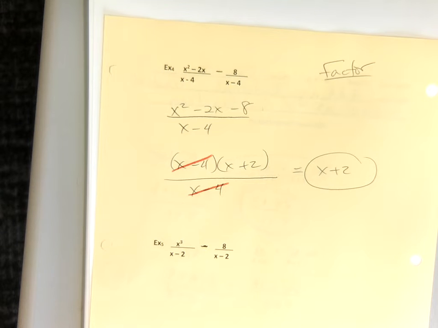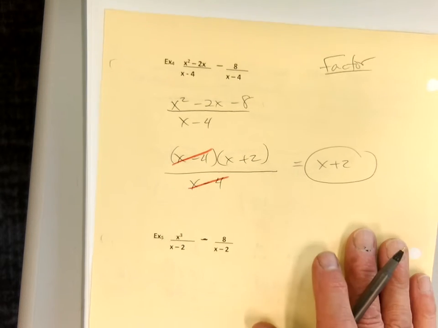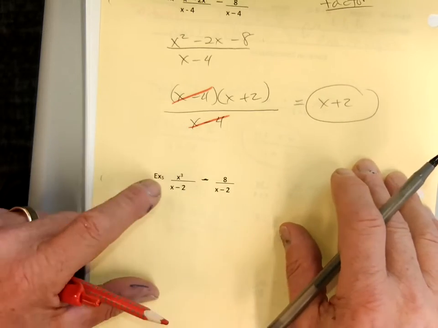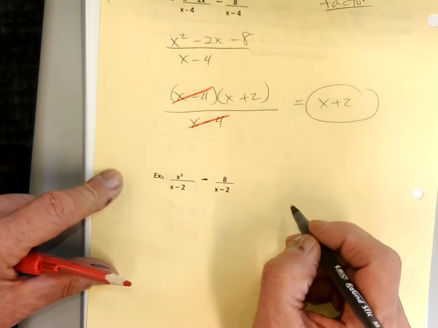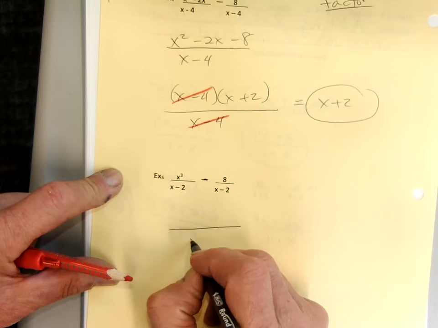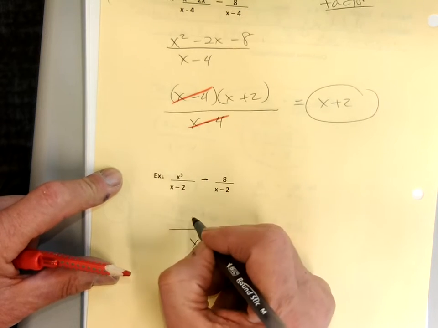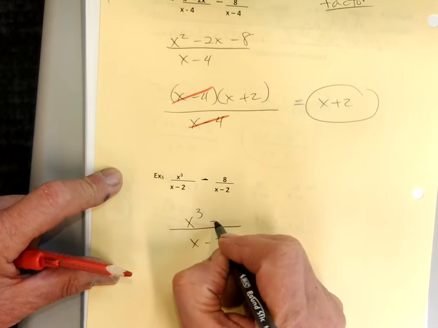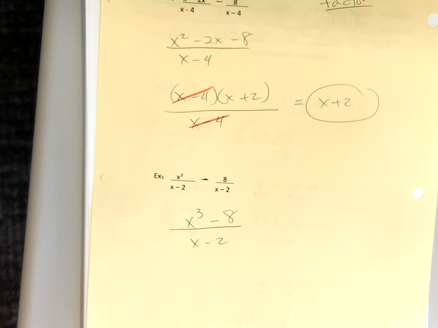Okay, now let's do an algebra 2 problem. Common denominator, yes. So now I'm going to have x to the third power minus 8. The reason this is an algebra 2 problem is because this x cubed minus 8 will factor into perfect cubes.